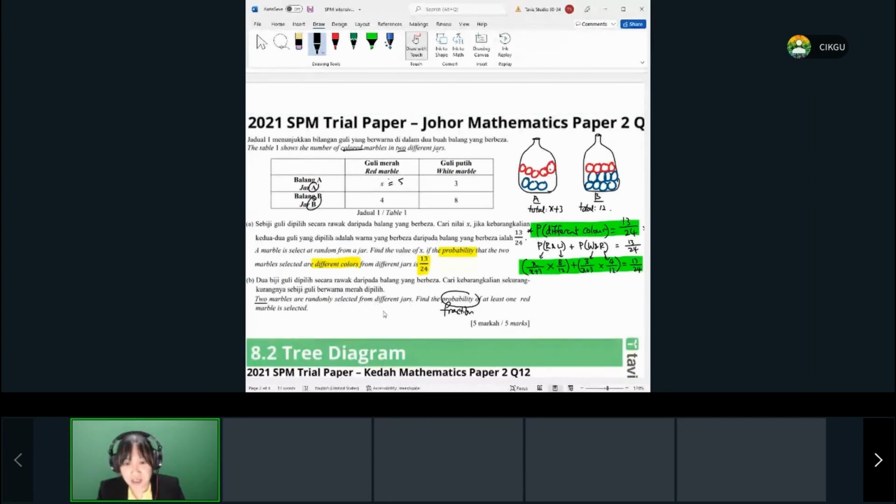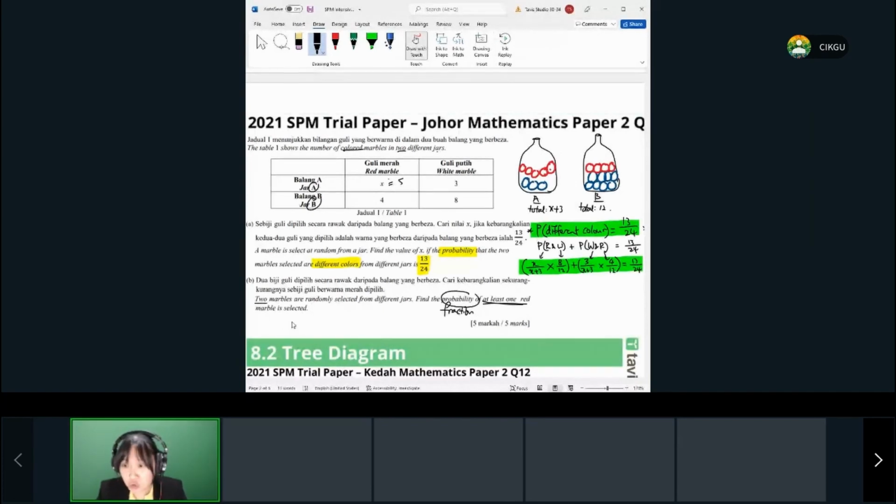So that means the same thing as selecting one marble from each jar. Find the probability, again a fraction, that at least one red marble is selected. At least one red marble.